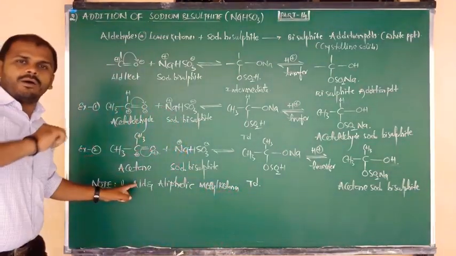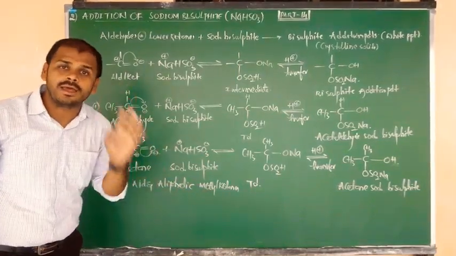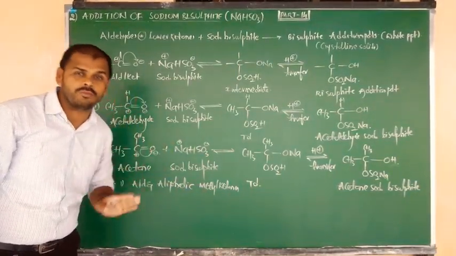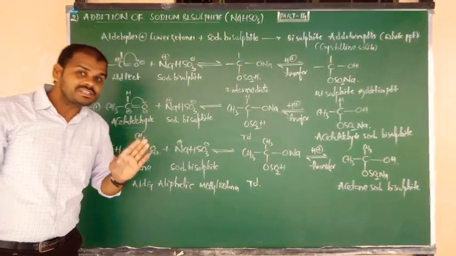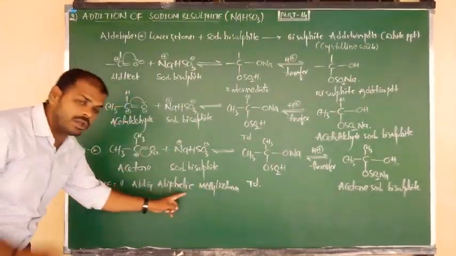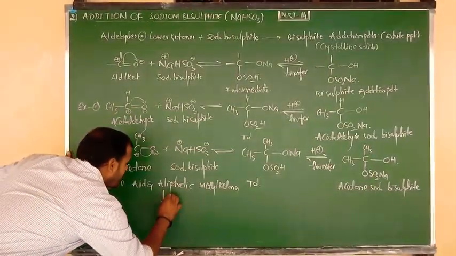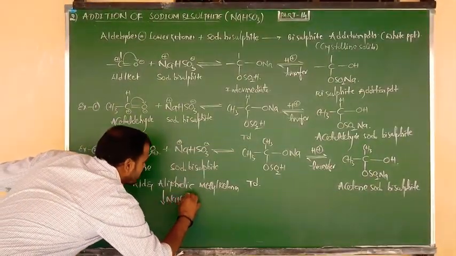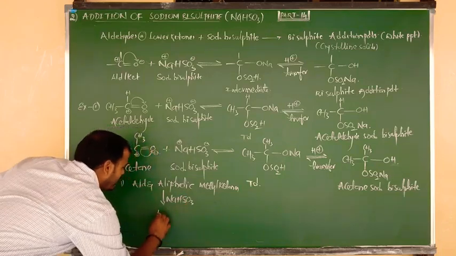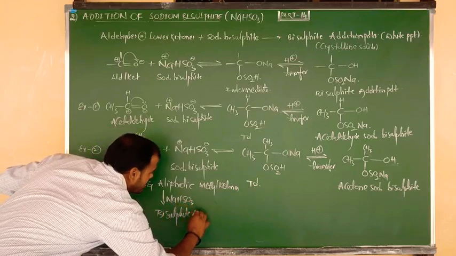So all types of aldehydes and aliphatic methyl ketones, simple methyl ketones, not ketones with a benzene ring, that means not acetophenone, not benzophenone. So aliphatic methyl ketones, the lower members of ketones, and all types of aldehydes, upon addition of sodium bisulfite, definitely give bisulfite addition products.